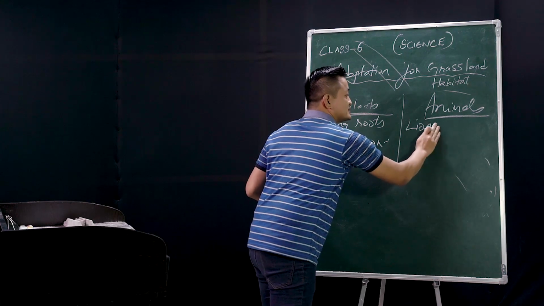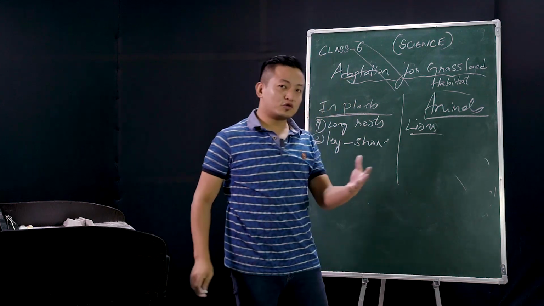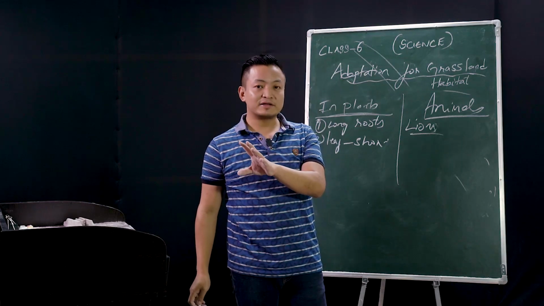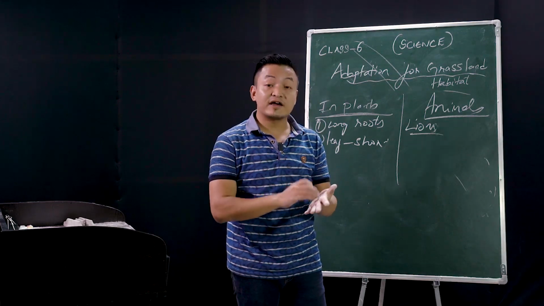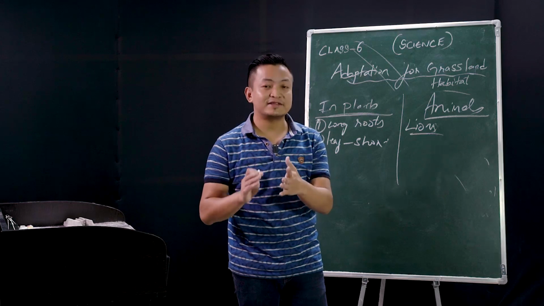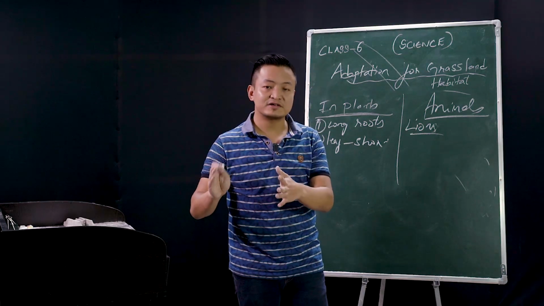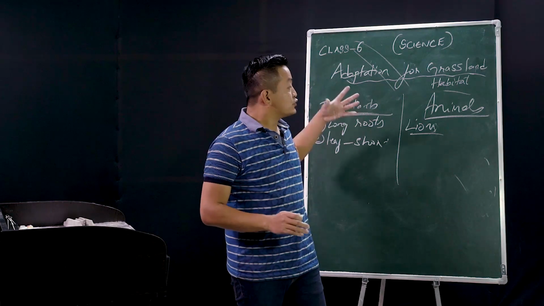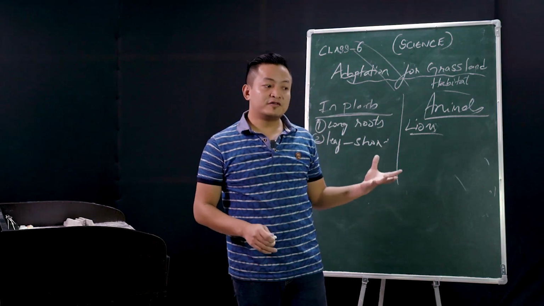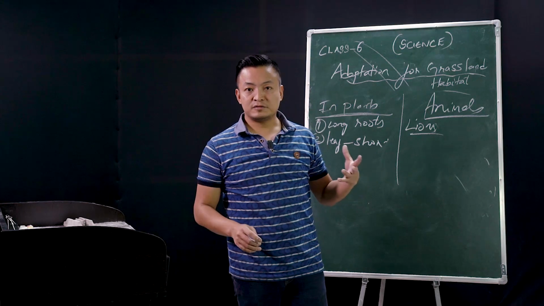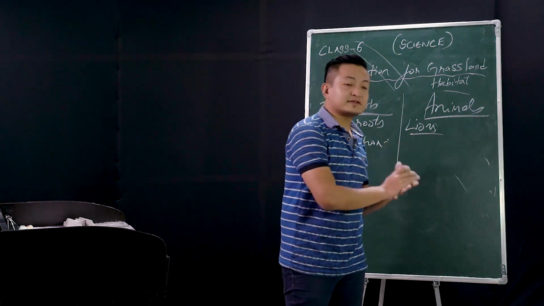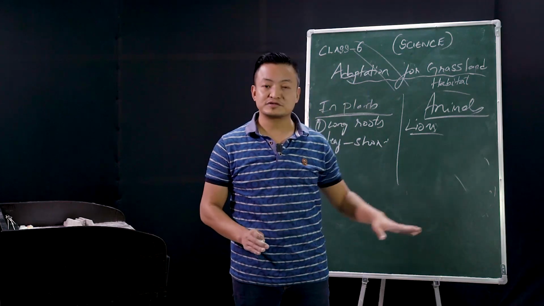So, discussing about lions, you all know they are light brown in color, right? So this color helps them to hide themselves even in the dry bushes. Clear? In the grassland, in the dry grass. So we can say that this is a property of camouflage. Clear? Where they hide, where they can change their color according to the surrounding.